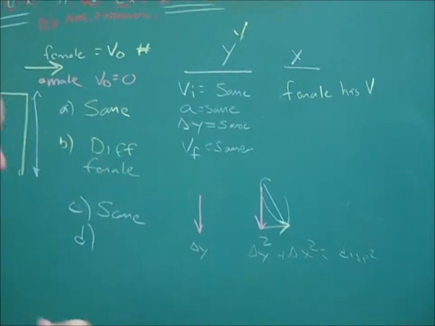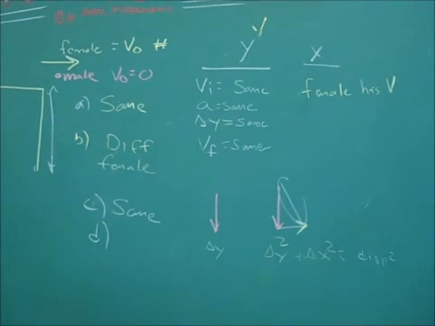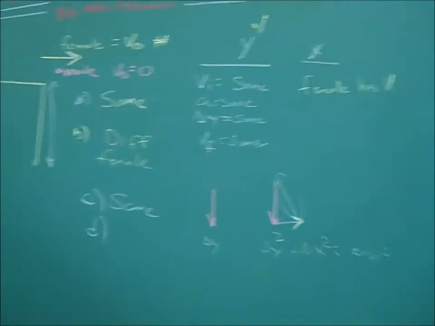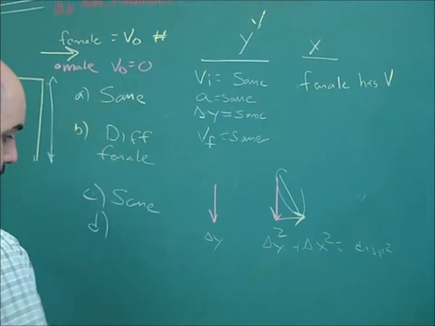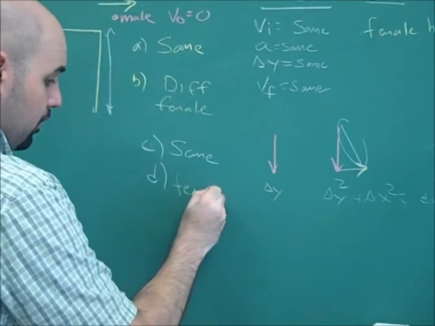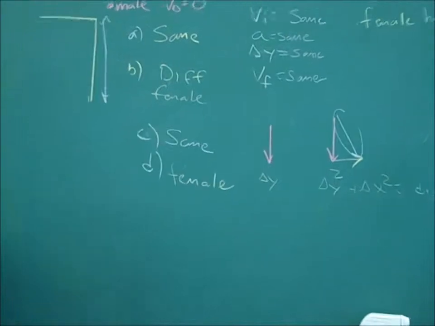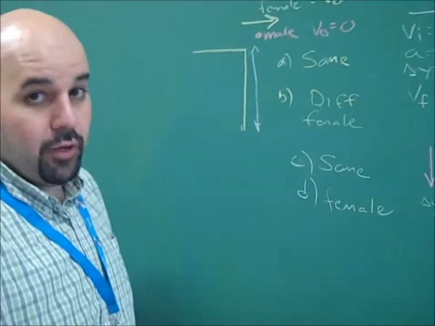So the female traveled more meters because she ended up further from the start in the x and the same amount in the y. So in this case, the female wins.